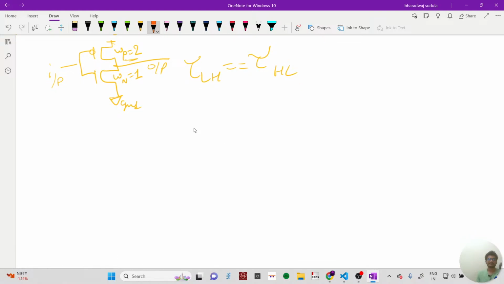Now we can find out the capacitance, because for NMOS the width is 1. So the drain cap of NMOS will be, let's say, 1C.